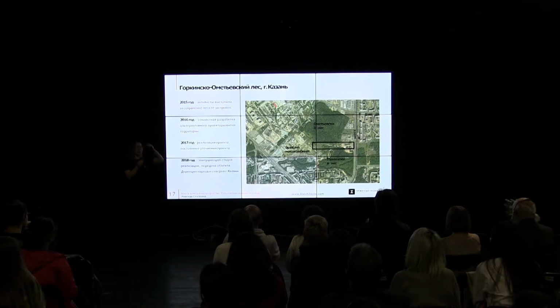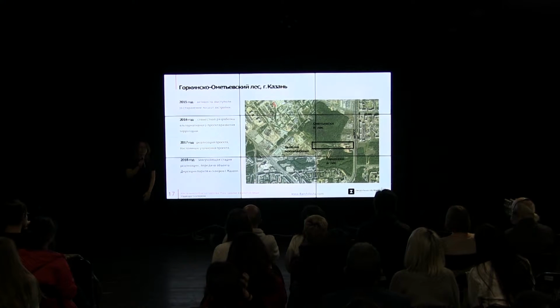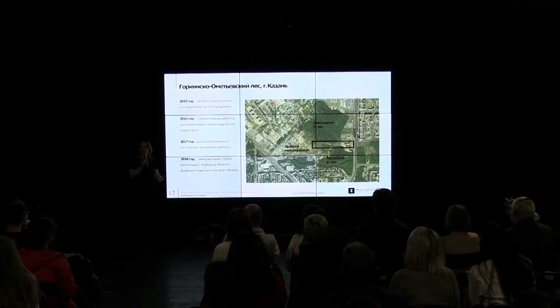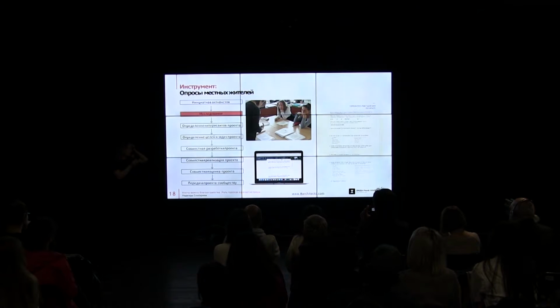The athletes were also against the changes, the building of the commercial infrastructure and roads. In 2016, the mayor of Kazan responded to this process and came out to the citizens and proposed looking for alternative solutions. And starting in 2016, they began a project that has been going on for 3 years.